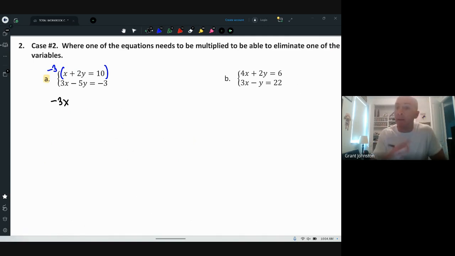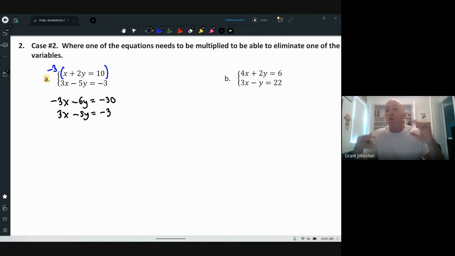And of course, I have to multiply the entire equation by negative 3 to maintain that equality. 2 times negative 3 is negative 6y. And then that would be negative 30. And then I'm going to rewrite the second equation underneath it. So there you have it. That is the setup. I needed to multiply that first equation by negative 3 so that now the x's will eliminate.